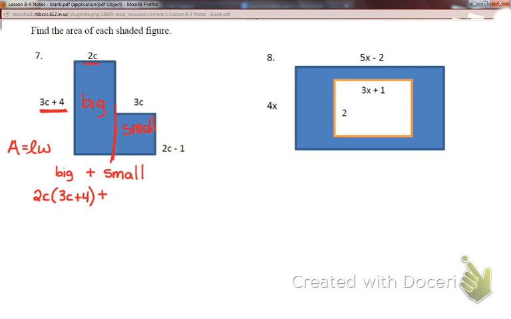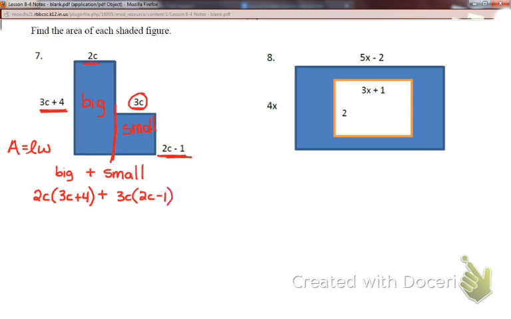The small rectangle has a length and a width of the 3c and 2c minus 1. And again, it makes sense to put the monomial in front of the binomial, because that's how we're used to seeing them, like the problems above. So 3c times 2c minus 1. That's just the length times the width.